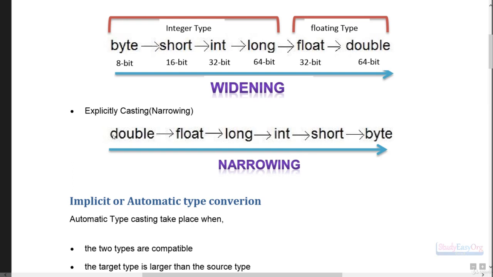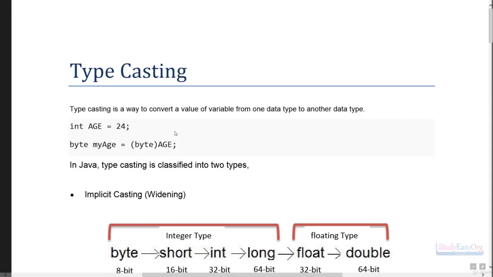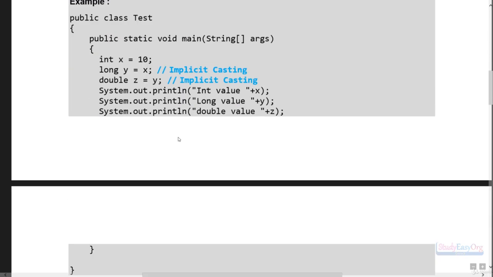In here, for example, explicit typecasting would be done in situation where, for example, we are storing a double information in a float variable, or we are storing a long information in a int, short, or byte variable. Now, whenever there is a narrowing situation, then explicit typecasting would be done. So here is the overall scenario of implicit typecasting and explicit typecasting.